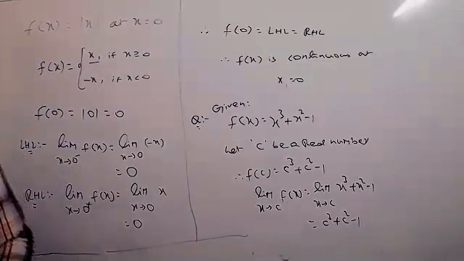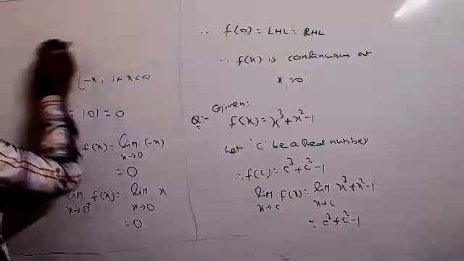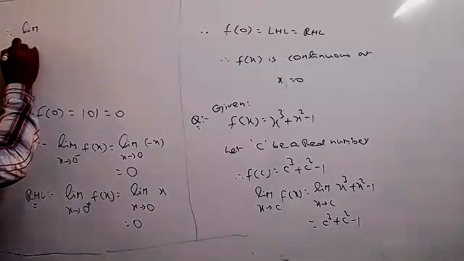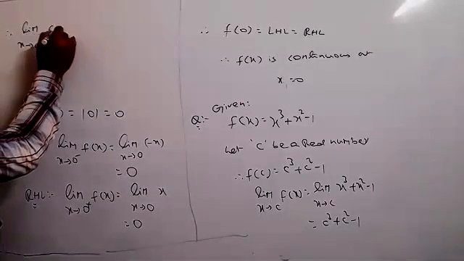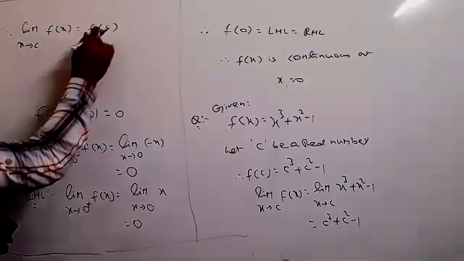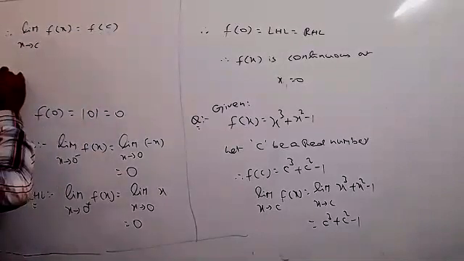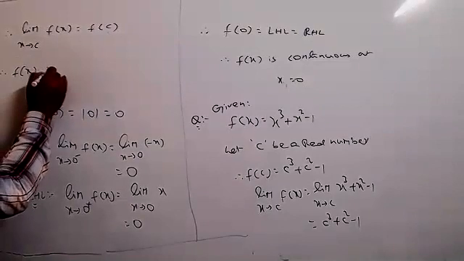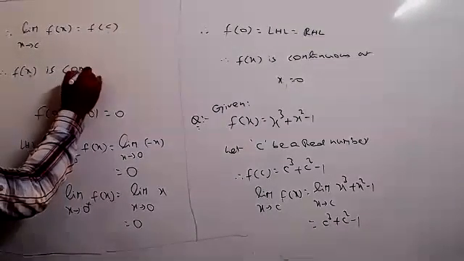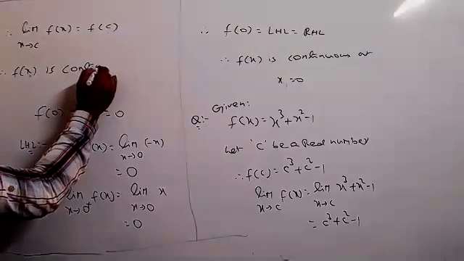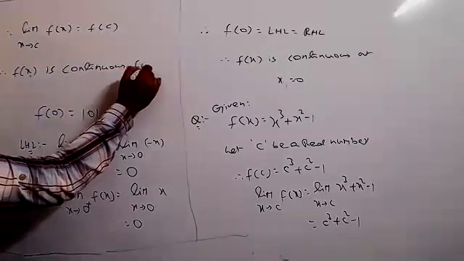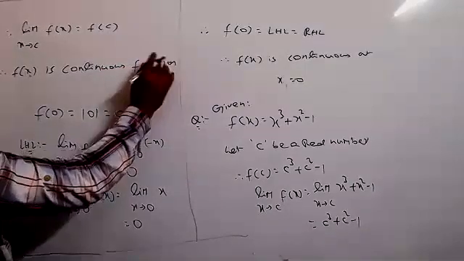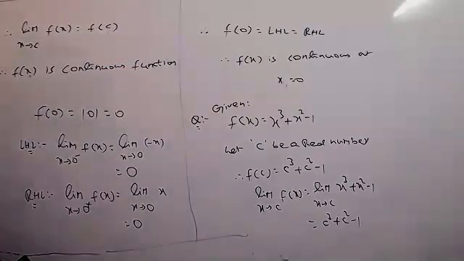So therefore, limit x tends to c, f of x equals f of c. So therefore, f of x is a continuous function. That's all. This is the problem.